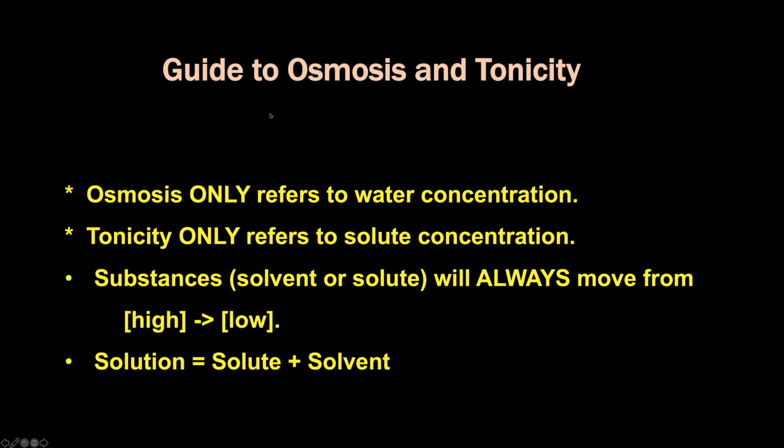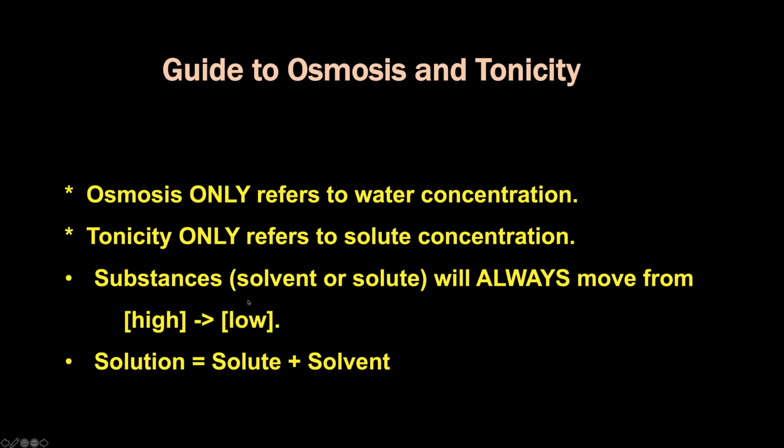I have these terms here to help you keep the tonicities straight. Osmosis only refers to water. Tonicity only refers to solute. So a substance, whether it's the solvent or the solute, either one, will always move from a high concentration to a low concentration.